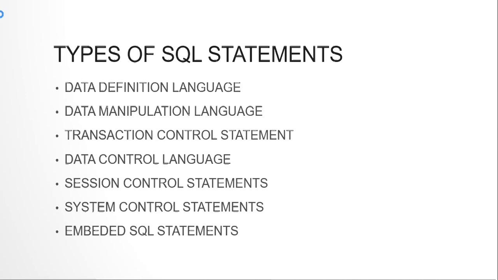Then there are data control languages, where we grant, revoke, or audit, or give comments to data tables and all. And then we have seen session control statements, where the changes only affect that particular user session. Then we have seen system control statements, so a change done on the whole Oracle database instance, which affects all the users. And at the last, embedded SQL statements.